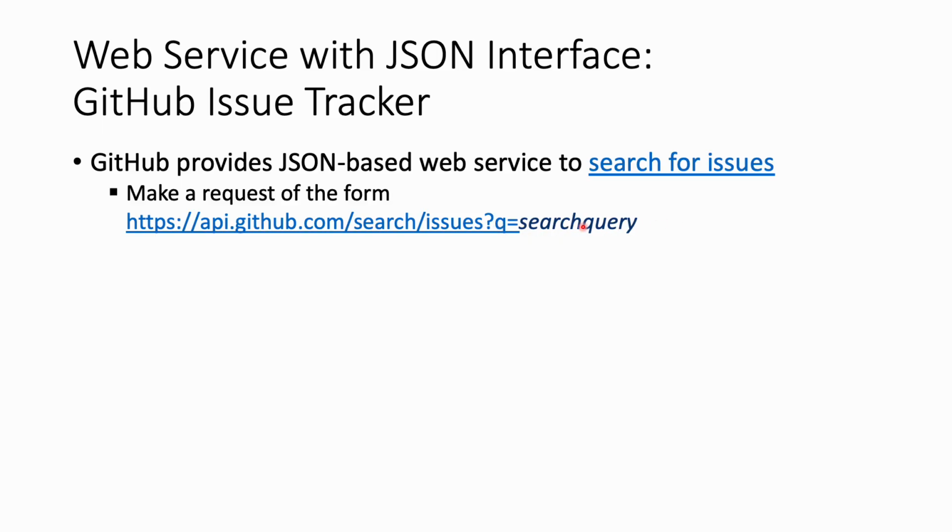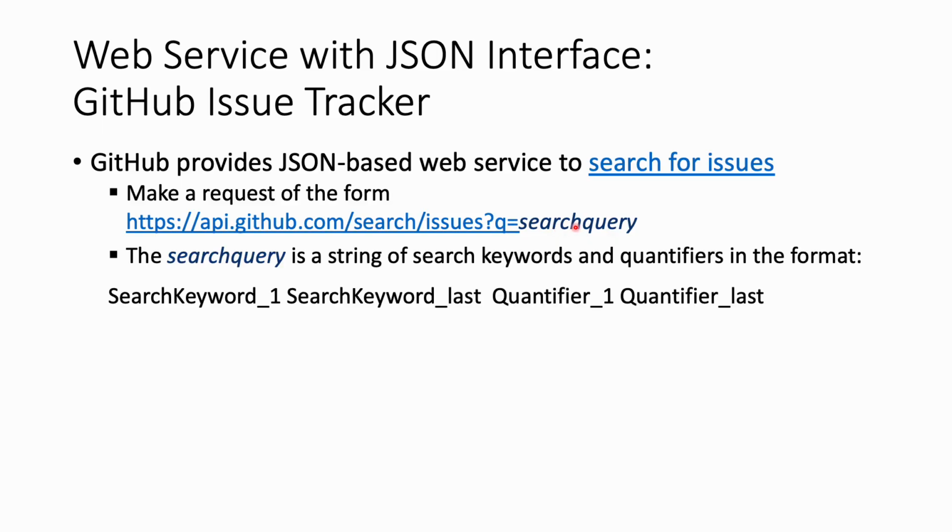The value of parameter q is a search query, which is a string of search keywords and quantifiers. A query can contain any combination of search quantifiers supported on GitHub. The format of the search query is a list of search keywords followed by a list of quantifiers.